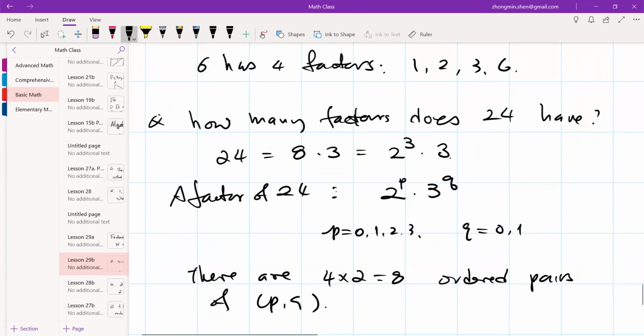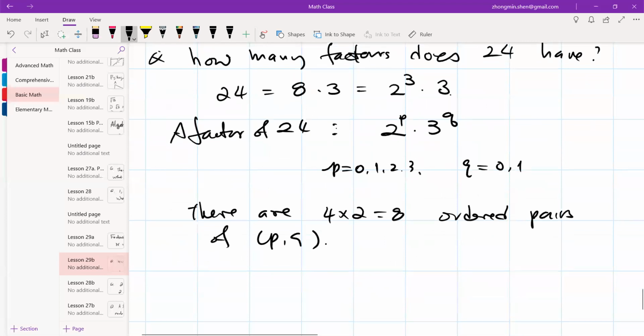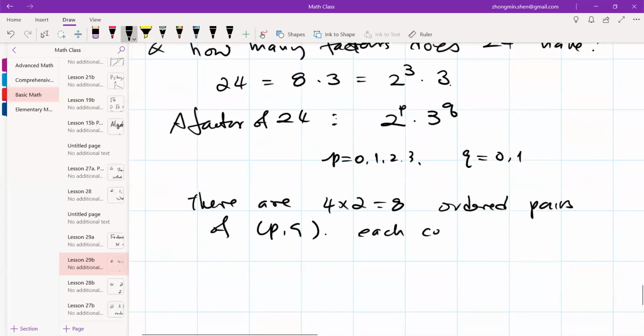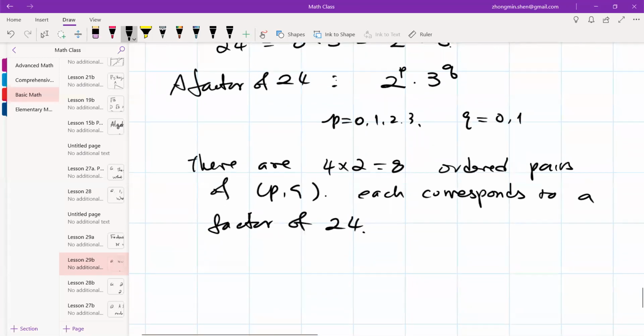But each corresponds to a factor of 24, right? So you just need to look at how many choices for P, how many choices for Q. If you know this idea, you can do lots of problems, okay?